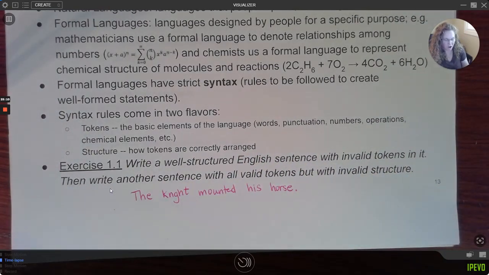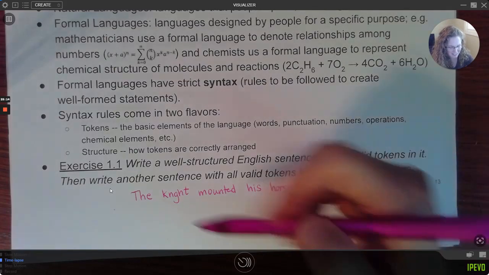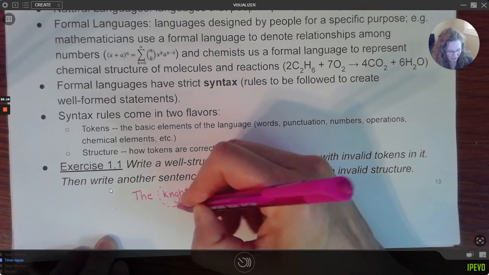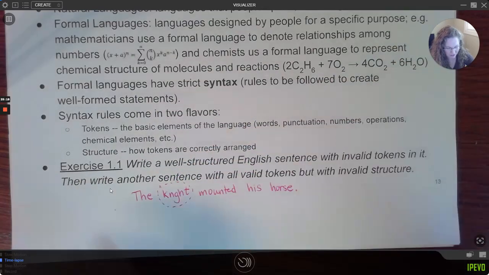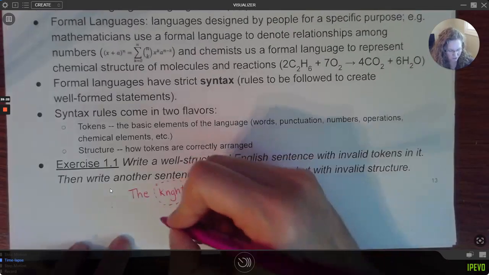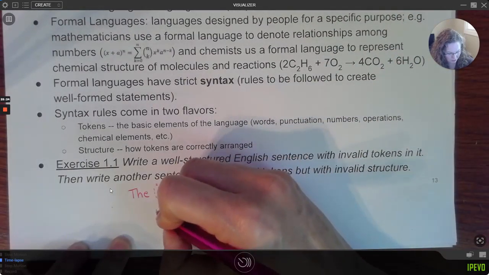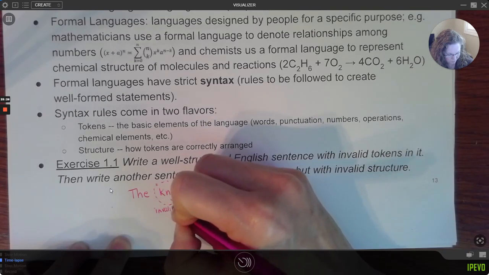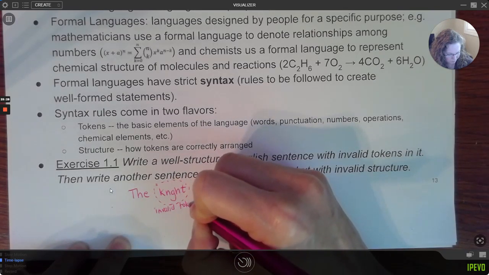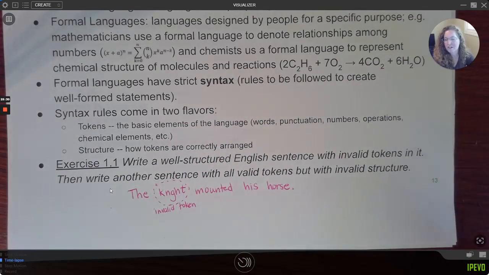So it follows the structure correctly, but it's got this invalid token in it. There's no such thing as a KNGHT. That's nothing in English. So this would be an error in token. This is an invalid token. A spelling error would be an example of an invalid token. If you're using a word processor, it can find these token errors for you.